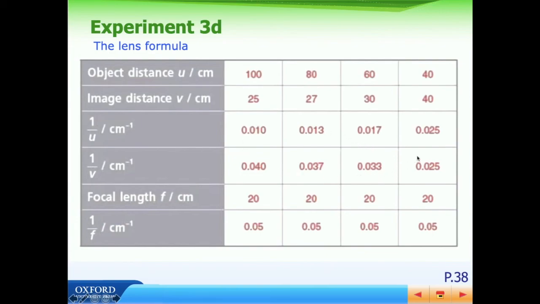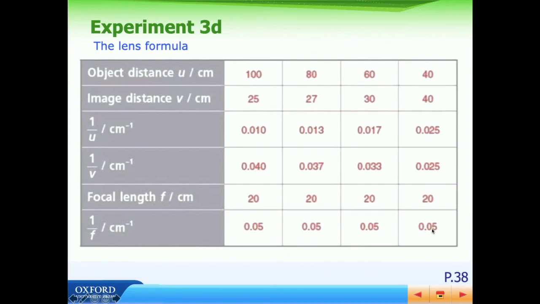Notice, class, that if you are going to sum up these reciprocals of 1 over u and 1 over v, or the reciprocal of the object distance and image distance, you will be able to get the equivalent value of 0.05. 0.017 and 0.033 has an equivalent value of 0.05, and 0.025 plus 0.025 has an equivalent value of 0.05.